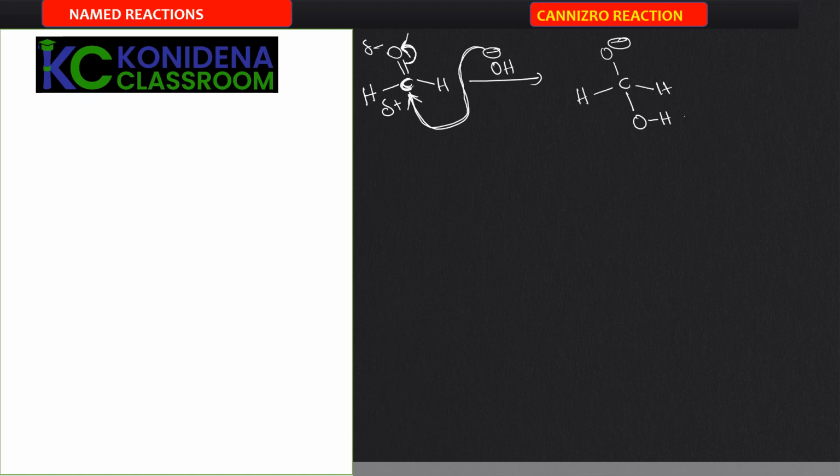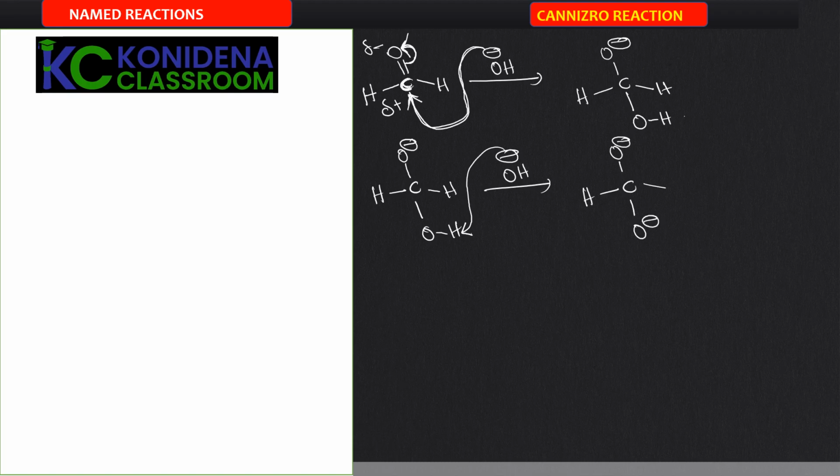The base then abstracts another hydrogen from here, making HCOO minus and H. Due to the strong plus I effect of this O minus group, the electron density on this carbon is increased.